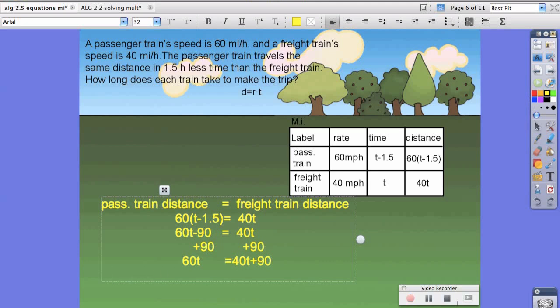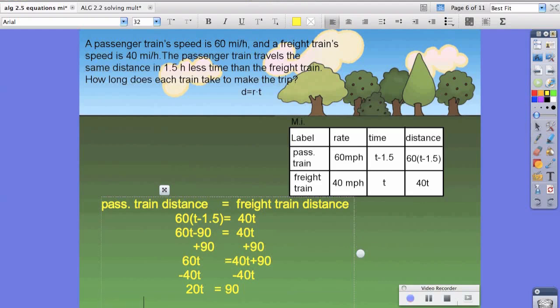Then in order to isolate the variable or combine like terms, I need to get the t's on the same side, which in this case is the left. So we're going to subtract 40t from both sides. And we are left with 20t equals 90.